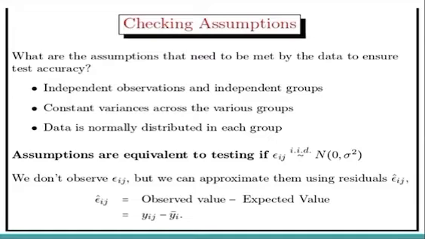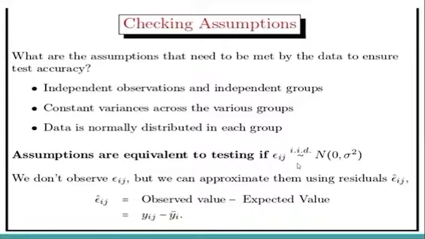When you take a look at these three assumptions, we can put them together mathematically to look like what you see now: e_ij is IID, meaning identically and independently distributed, with a mean of 0 and variance sigma squared. The mean of 0 means the mean of the error has to be equal to 0.